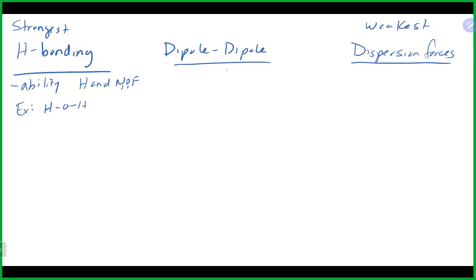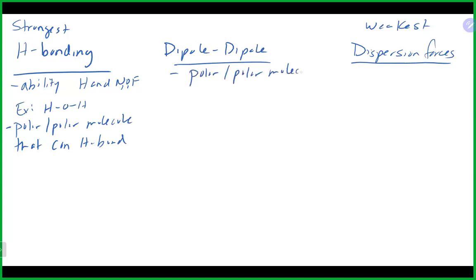Dipole-dipole interaction, again, is also for polar molecules. Polar and polar molecules that can hydrogen bond, hydrogen bonding is the main force. Dipole-dipole also applies between polar and polar molecules that cannot hydrogen bond.